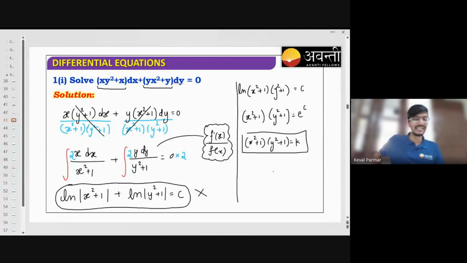Why? Because the answer will be presented in the simplest form, and rarely will you see log in the answer or in the options. Got it? So let's move on to the next question.